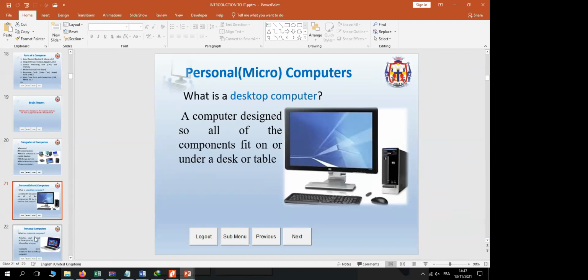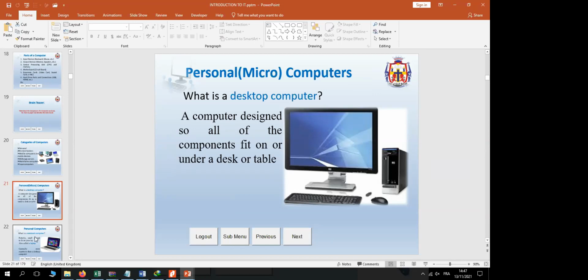Even when it's a home phone, still one person uses it at a time. Just look at the desktop computers in the lab we have, they are designed to be used by a single user at a time. Look at the laptops. You can't be two people typing on the laptop at the same time. One person can use at a time. So those computers are called personal computers, designed to be used by a single user at a time.